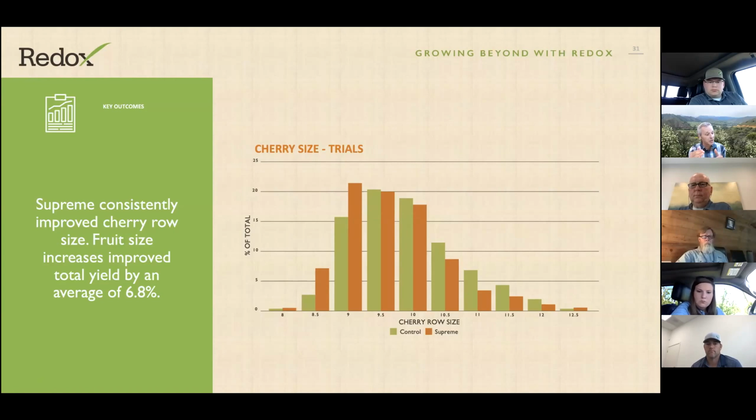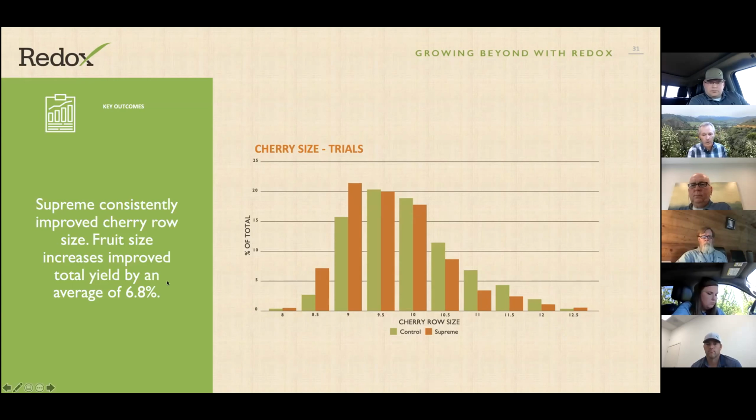The increase in yield was helpful, but really the change in the size of the fruit was what was important to these guys, because the larger cherries have much more value in the marketplace. So this is really a cool study.